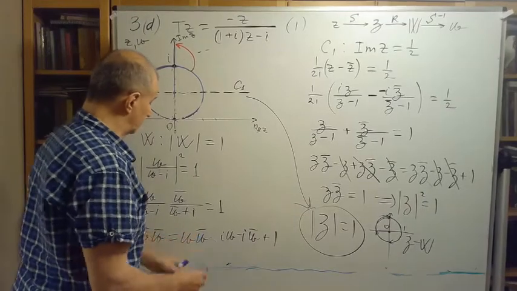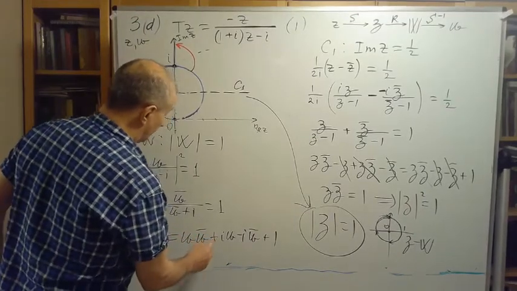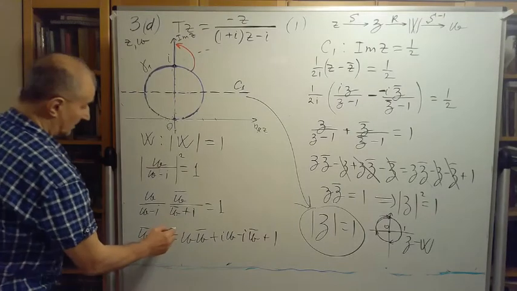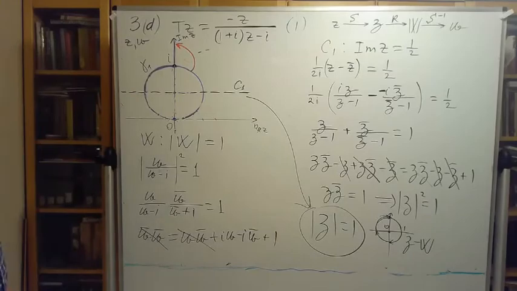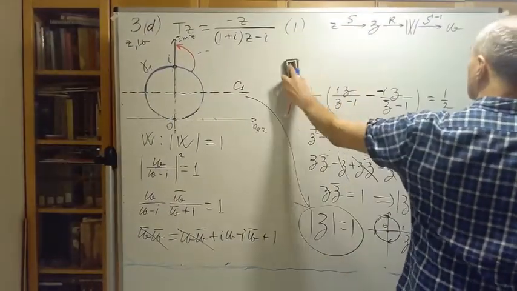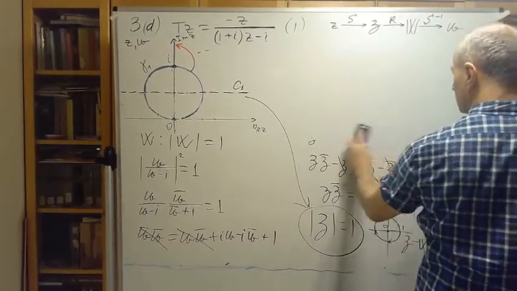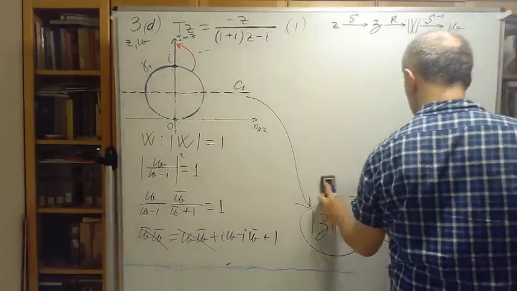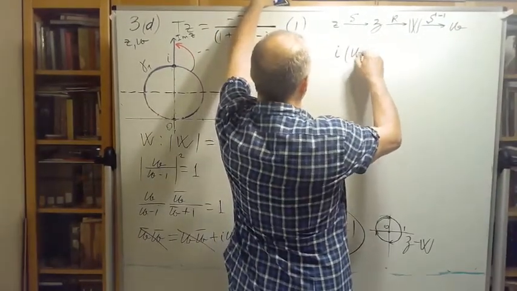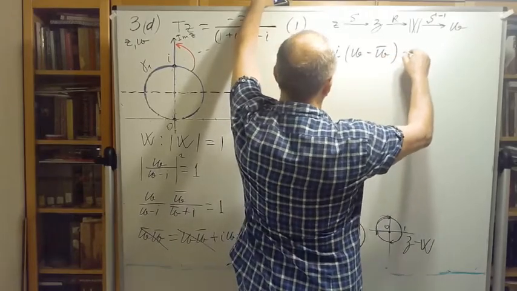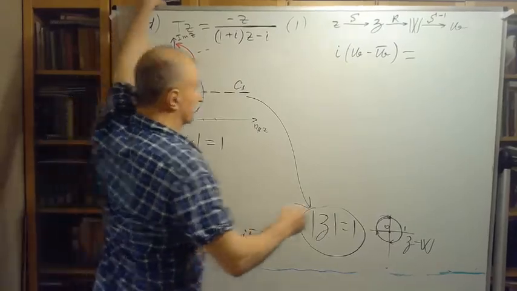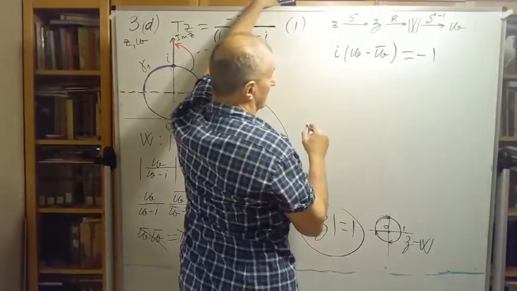Here will be plus. Now it is good. So these two terms cancel each other. What's left here? i times w minus w conjugate equals, I will take 1 to the left hand side, negative 1.